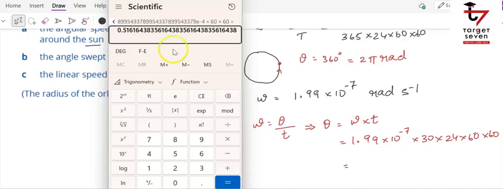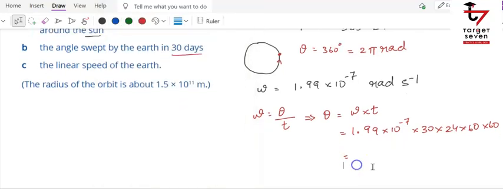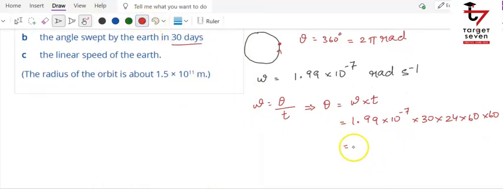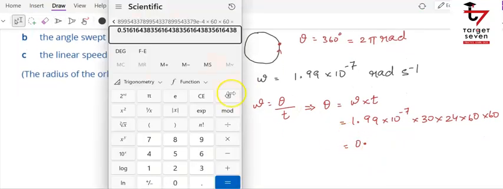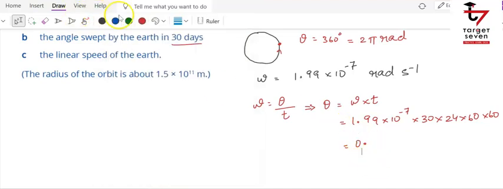We would have the angle as 0.516 or 0.52 radians covered in 30 days. This would be the angle swept by Earth in 30 days.